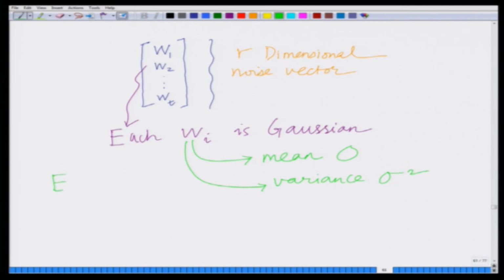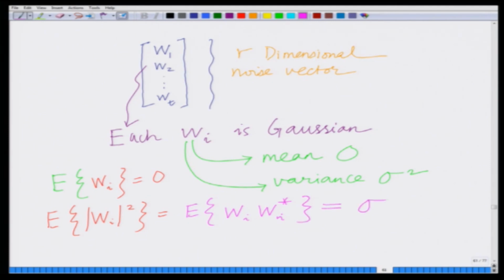That is to say that the expected value of wi is equal to 0 and the expected value of magnitude wi square, which is equal to the expected value of wi into wi conjugate, is equal to sigma square.